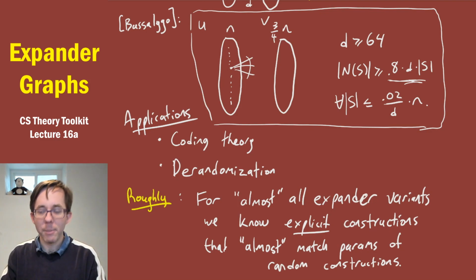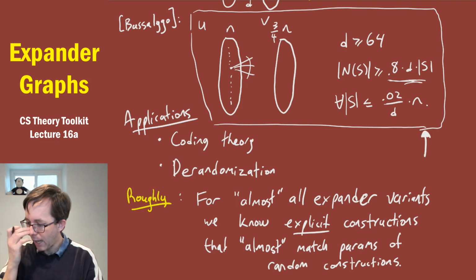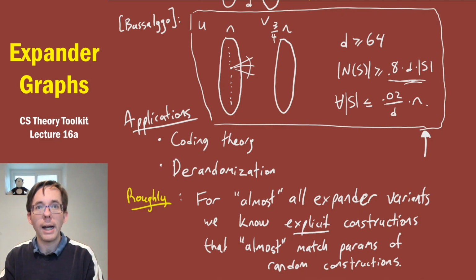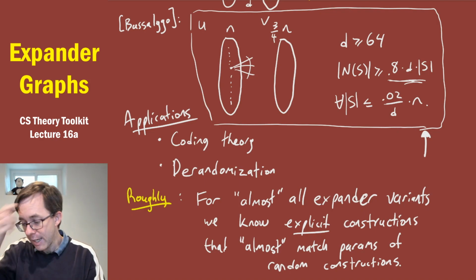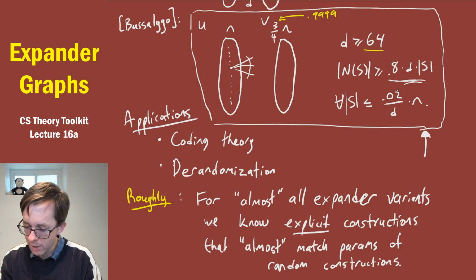But let me just mention that for this explicit case, where I'm going to show you some applications, we don't have explicit expanders that achieve exactly these parameters, but it comes close. What I will tell you is we do have explicit constructions where, let's say, d equals 64, and instead of this 3/4, maybe you have 0.9999 times n, and instead of this 0.02, maybe you have 0.00001.